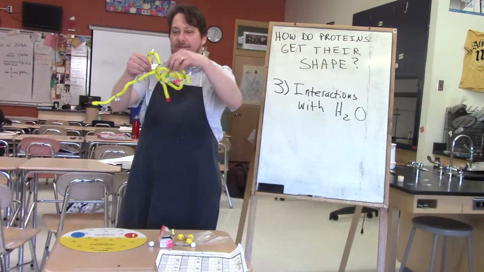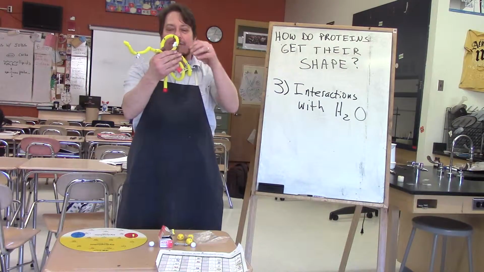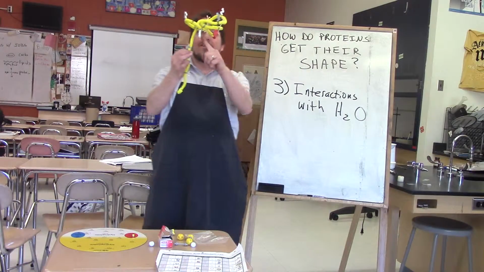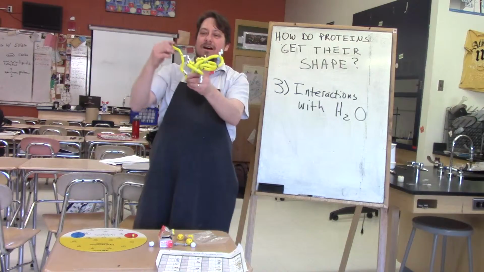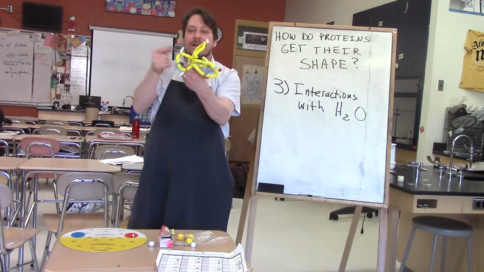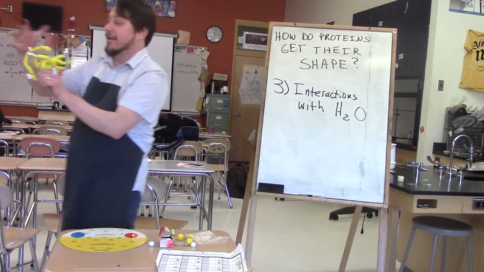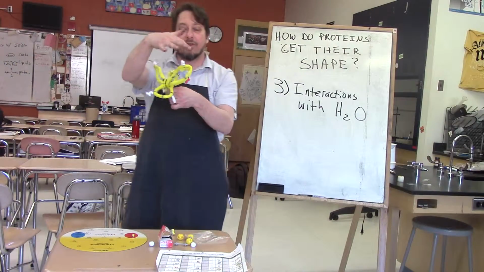And so what I've done is I sort of made a dense, chewy center here that all of the yellow ones kind of dive into, and then maybe the polar ones might wrap around so that they're exposed. The polar ones are the white ones, and so the white ones, don't forget, they're in water, and so the white ones are going to want to be exposed to the water.